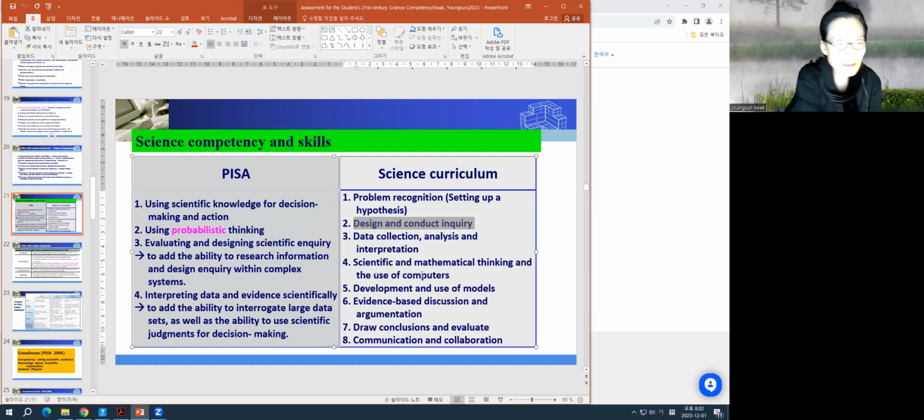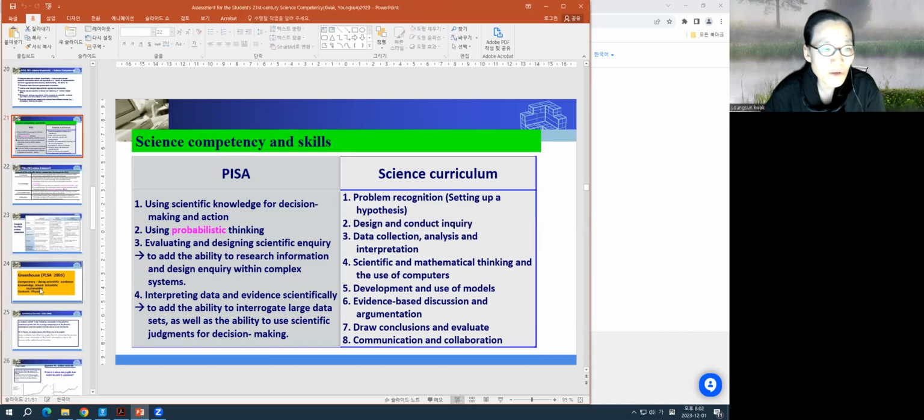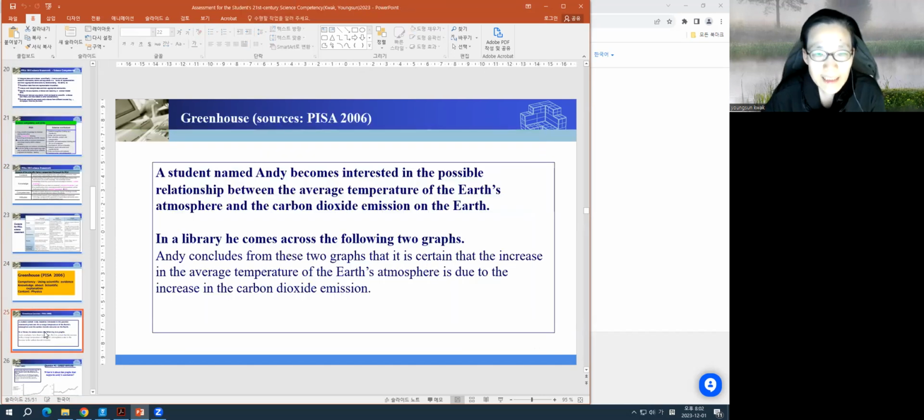Okay, that's the process of science competency, or also known as science inquiry. Okay, for this lesson 1, before we talk about specific examples of how to assess science competency, in lesson 1, we talked about the relationship between curriculum, teaching and learning, and assessment.